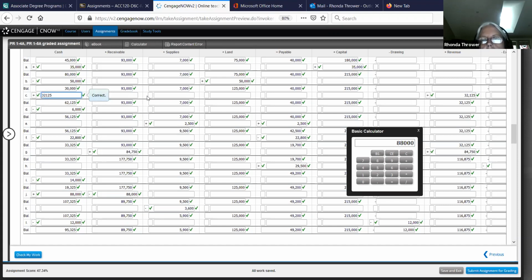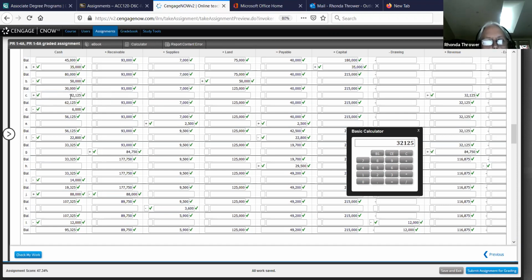And if we look to see what that addition was for, it was for revenue. So that would be added to that 32,125 that our cash went up by right here in transaction C. Our cash went up because we received money from our revenue.